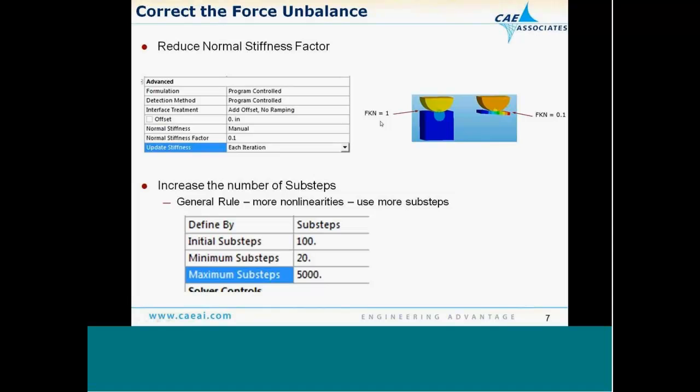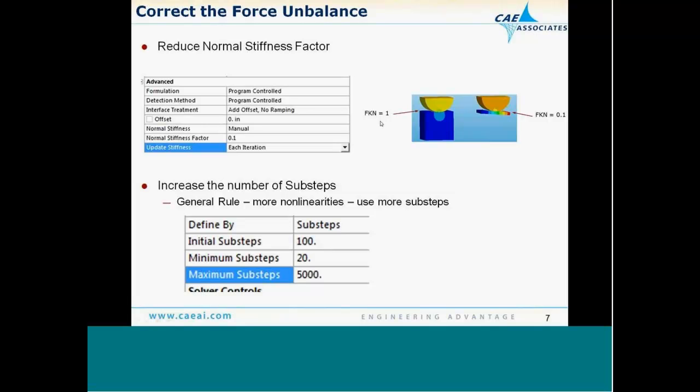Now, it's important to note that this factor of 0.1 is not actually a 0.1 stiffness, but it's a 0.1 multiplier on the internally calculated stiffness from Ansys. And the Ansys internally calculated stiffness is based on the material properties, so it looks at the modulus of elasticity in the underlying elements and the element sizes in the proximity to the contact region.